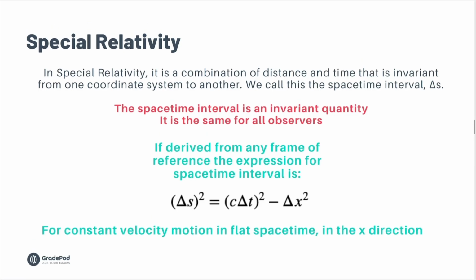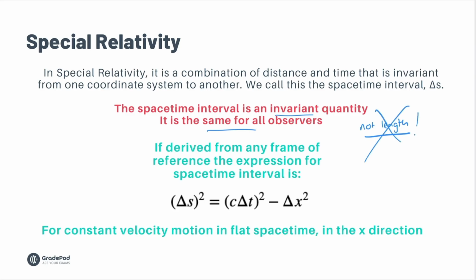That's not the case for special relativity. For special relativity, things change. The length changes, the time changes, different things change. So we have to come up with a new invariant quantity that doesn't change and is the same for all observers. And it's not length, like it is in Galilean.